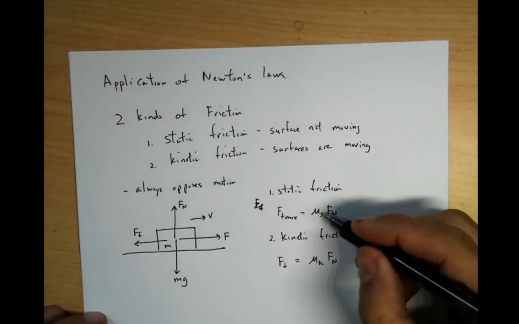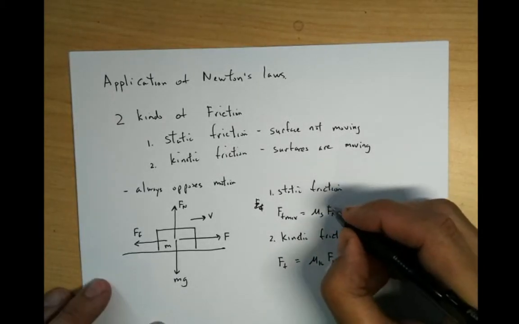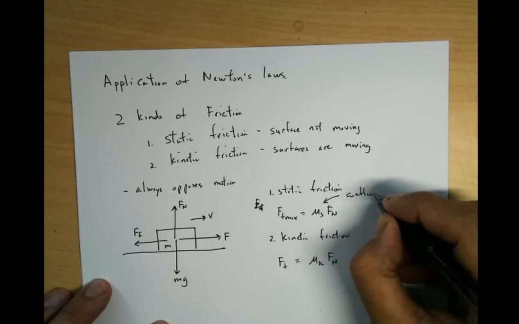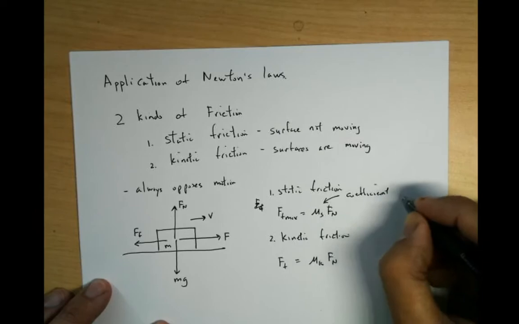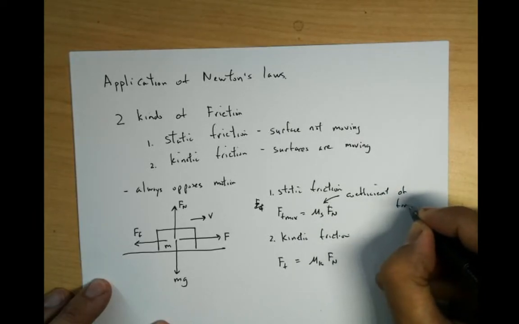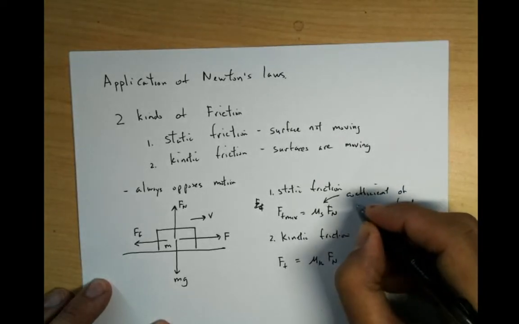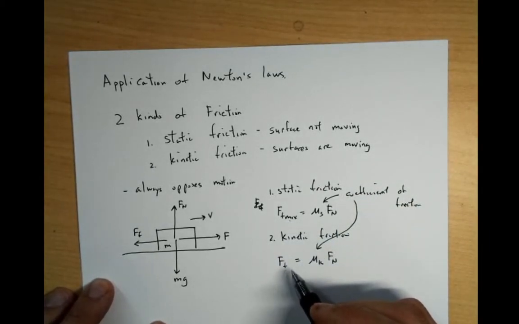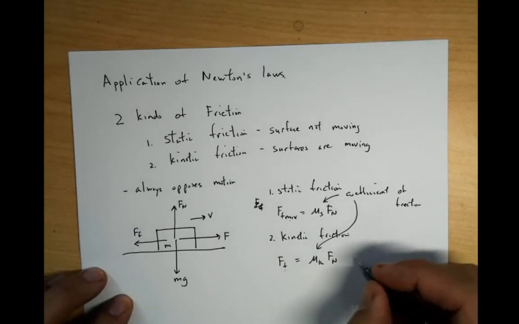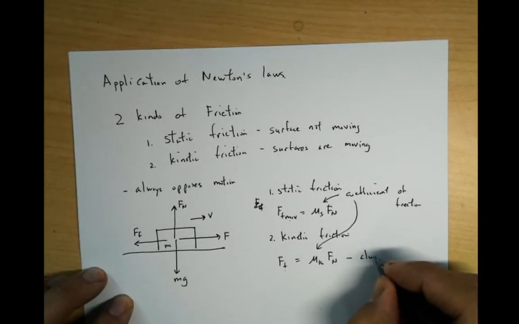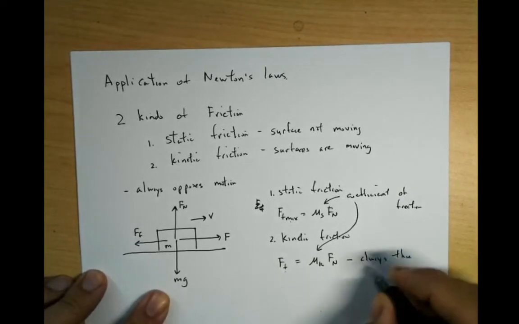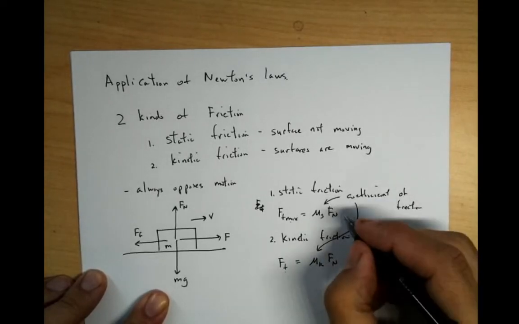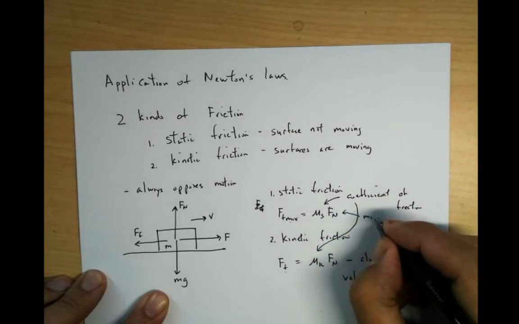Even though it looks like just a difference in the coefficient of friction, you might notice there's a max here and no max here. The reason is that this is always the value for kinetic friction, but this is the maximum value for static friction.